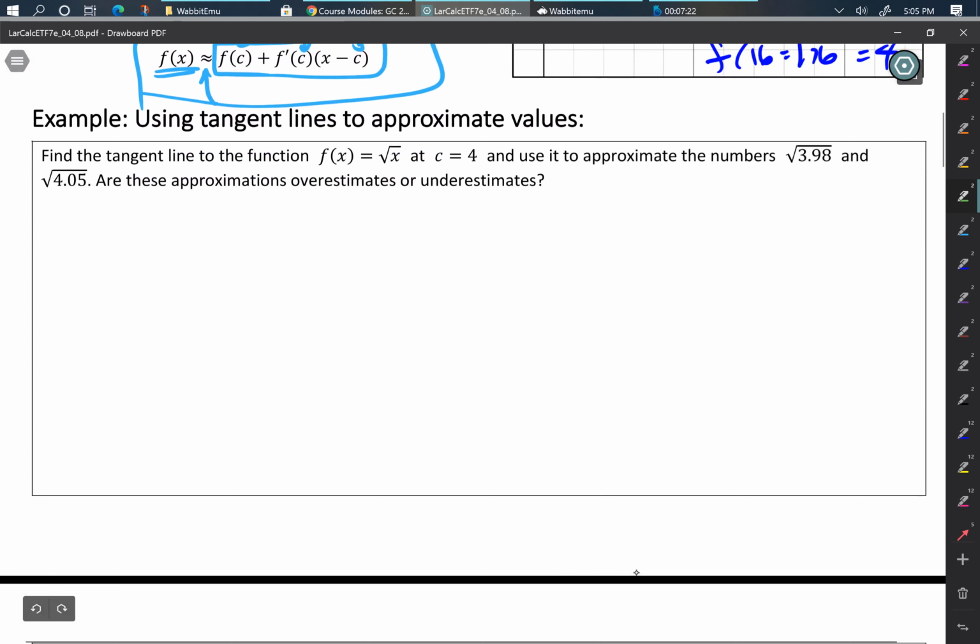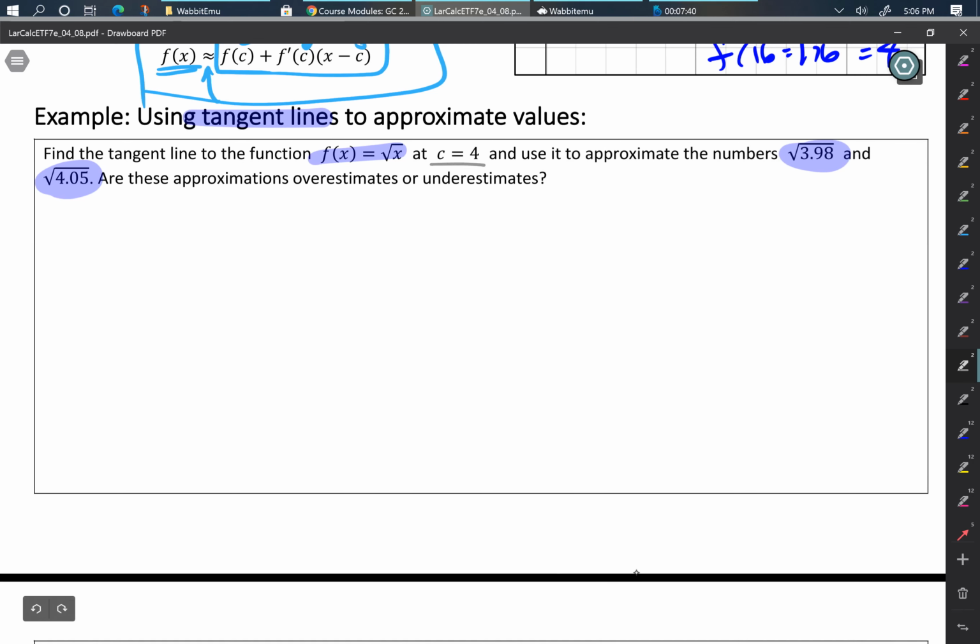We are going to find a tangent line to approximate the square root function, and we're going to use that to evaluate the square root of 3.98 and the square root of 4.05. And luckily for us, someone has done the legwork and they have said, here's a number c, 4, that is close to where we want to take those approximations and also plays well with the function.